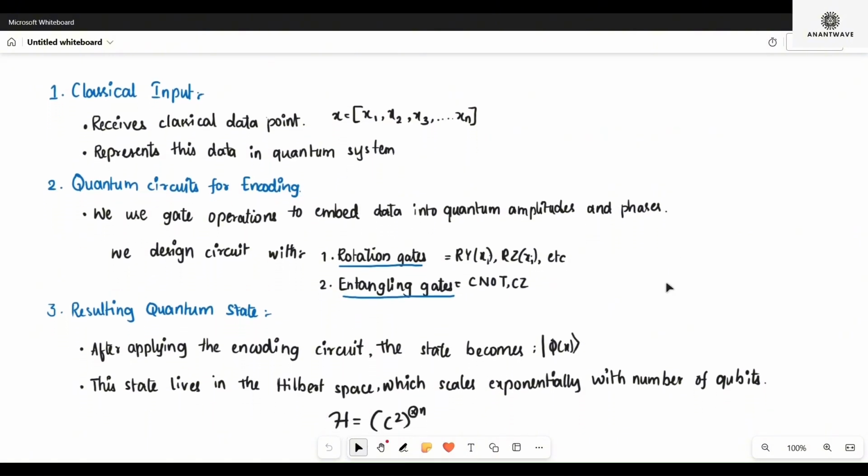We design circuits with rotation gates, such as Rx of x, Ry of x, Rz of x, etc. And we also use entangling gates, CNOT and CZ gates, resulting in quantum states. After applying this encoding circuit, the state becomes ket phi of x. This state lives in Hilbert space, which scales exponentially with the number of qubits.